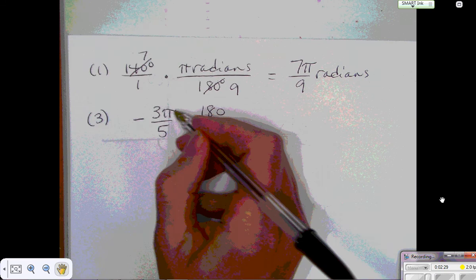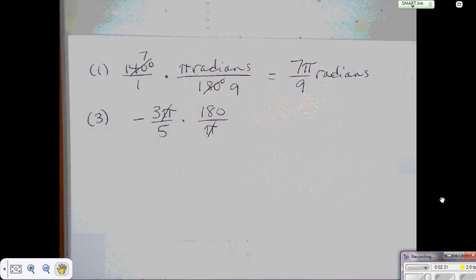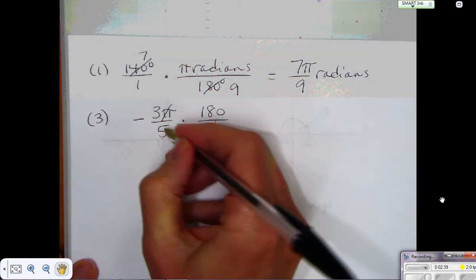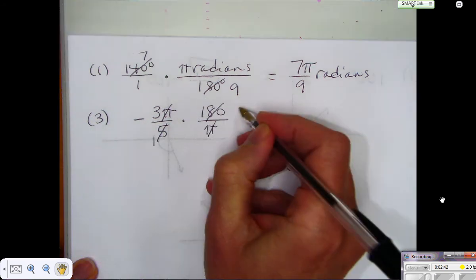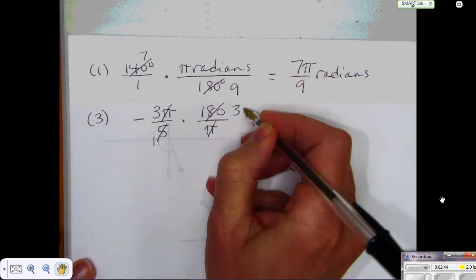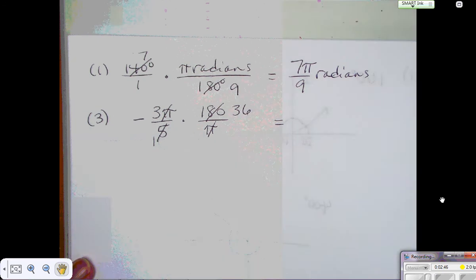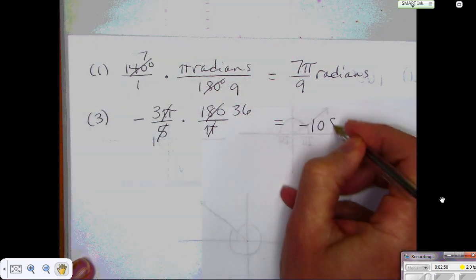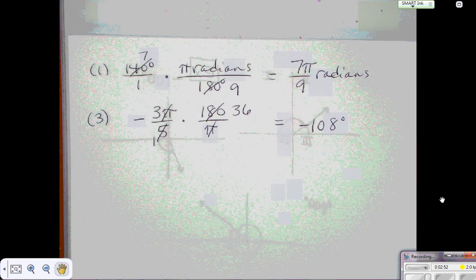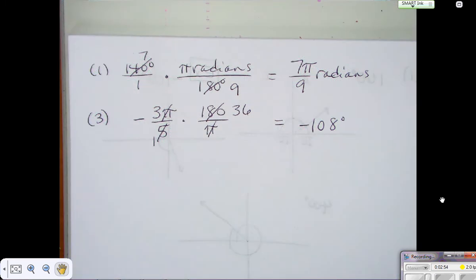Okay, so my pi's are going to reduce out. 5 and 180 are going to reduce. So I'll have 1 in the denominator and 36 in the numerator. And when I multiply straight across, I'm going to have negative 108 degrees. Any questions?